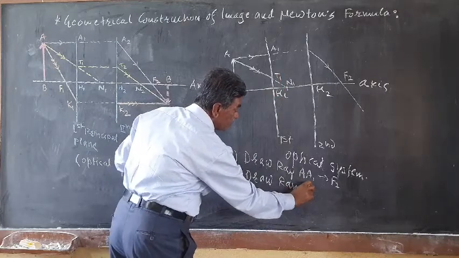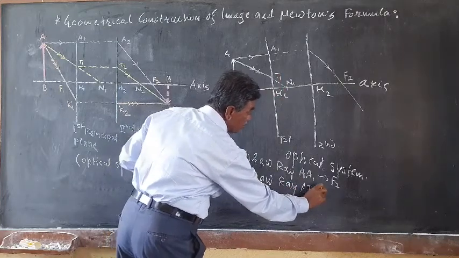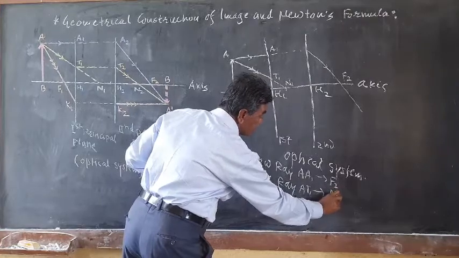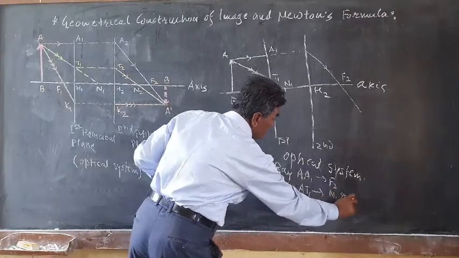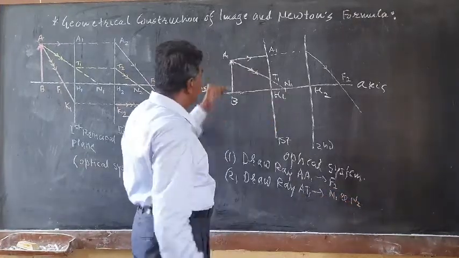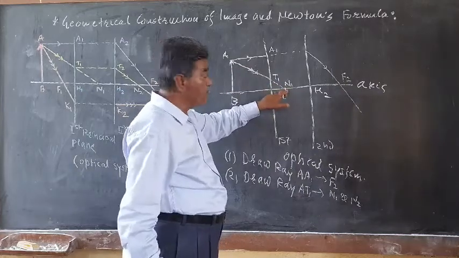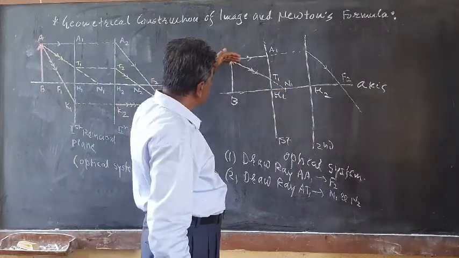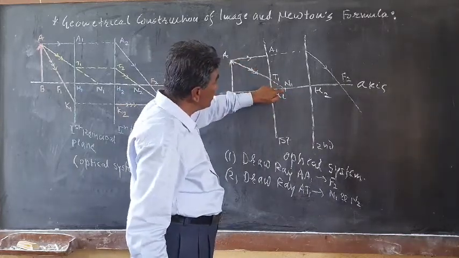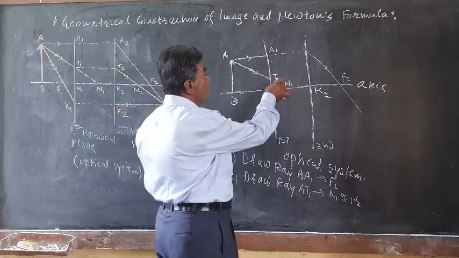It is related to the nodal points N1 and N2. According to the definition of the nodal points, any ray directed towards the first nodal point emerges from the second nodal point.